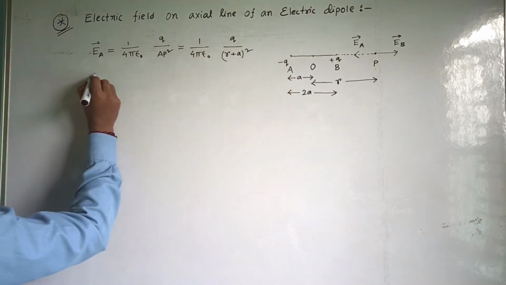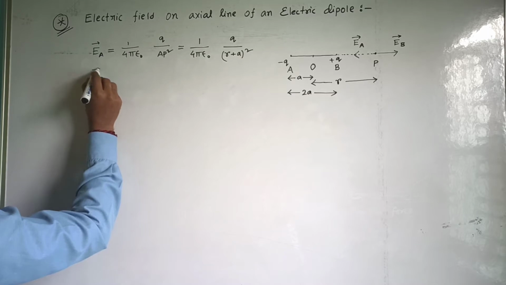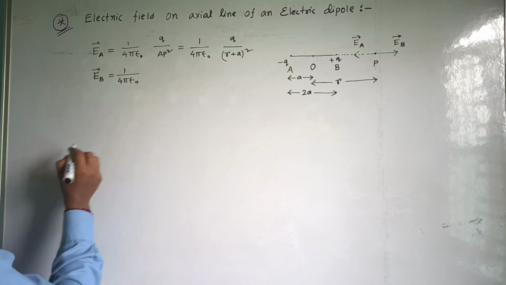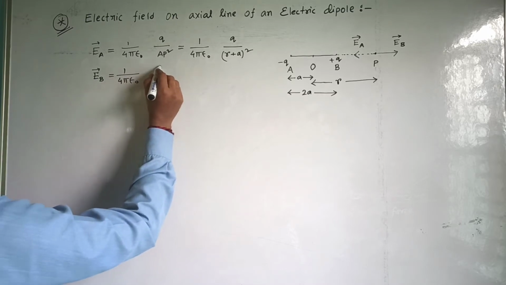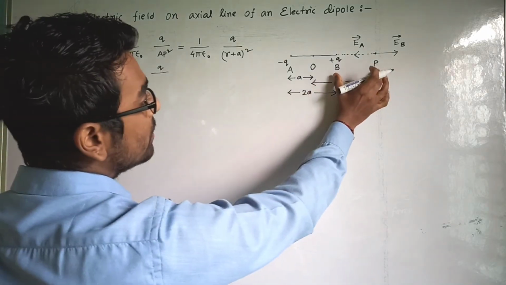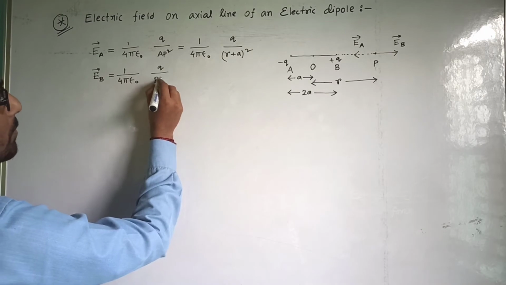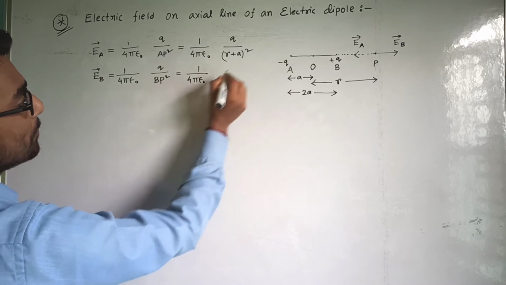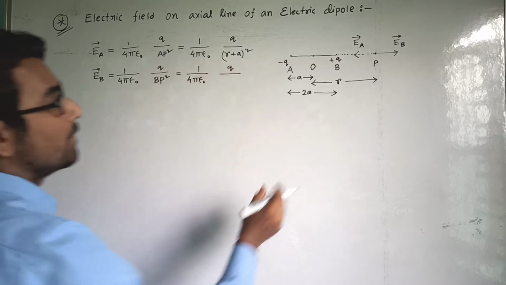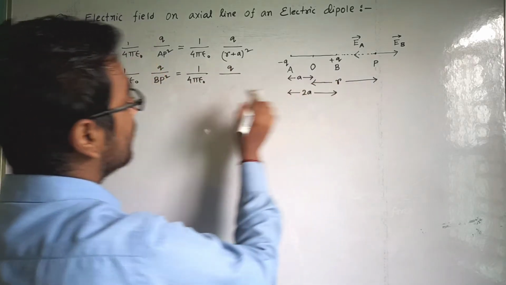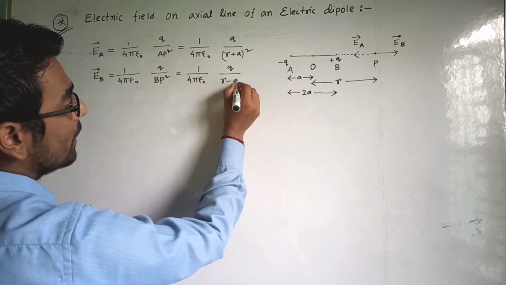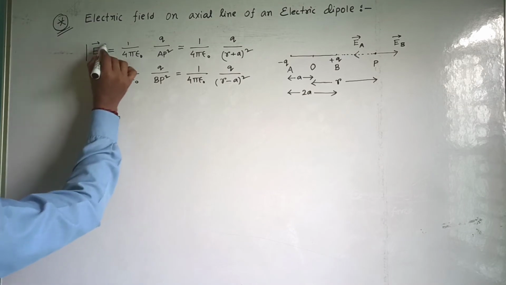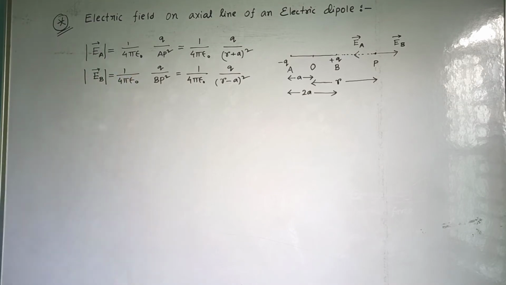In a similar way, the expression for EB will be 1 by 4 pi epsilon naught Q by BP square. So it will be 1 by 4 pi epsilon naught Q by the value of BP, which is R minus A, whole square. Here we put mod because it is the magnitude of electric field without the direction.